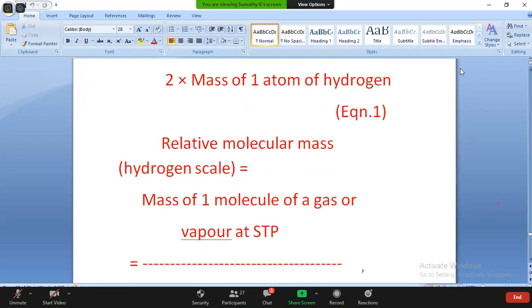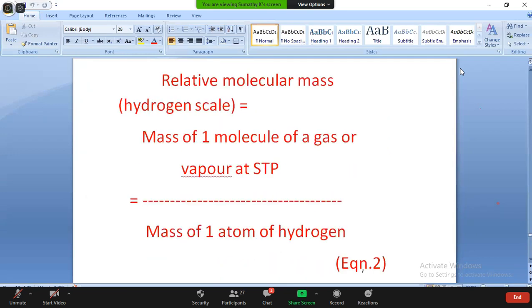So, relative molecular mass, on the hydrogen scale. This is very important. Using the hydrogen scale, how do we derive the relative molecular mass? The mass of 1 molecule of a gas or vapor is the ratio between the mass of 1 molecule of the gas and the mass of 1 atom of the hydrogen.